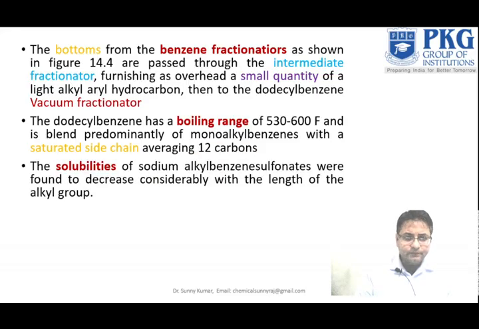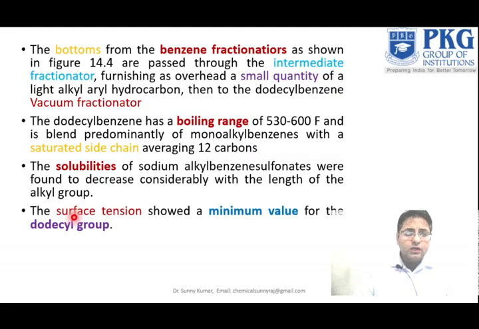The solubility of the sodium alkyl benzene sulfonate was found to decrease considerably with the length of the alkyl group. The surface tension shows a minimum value at the dodecyl group.